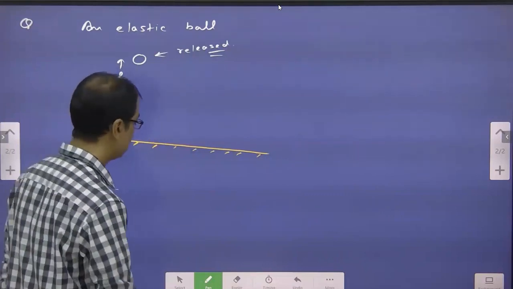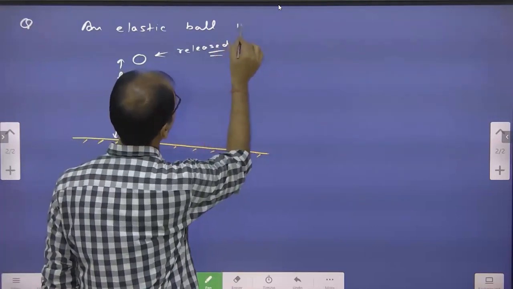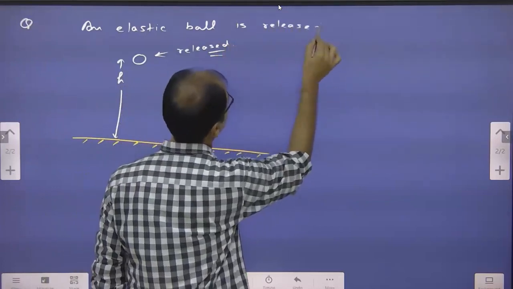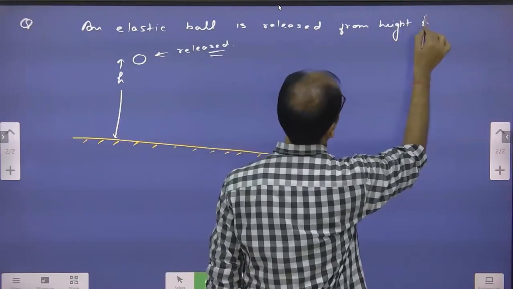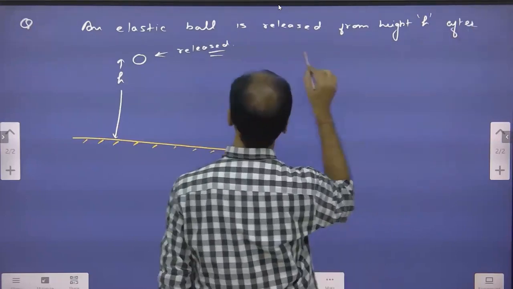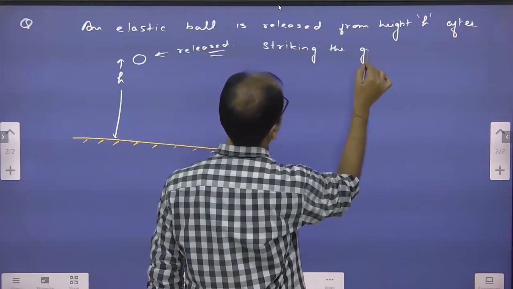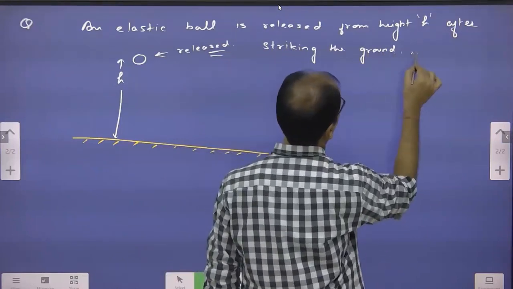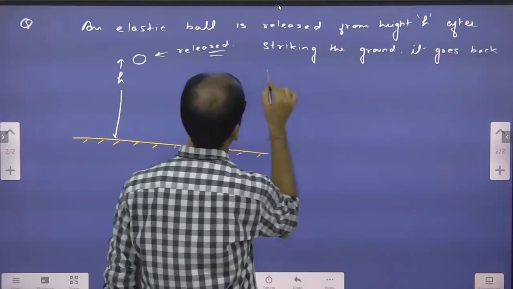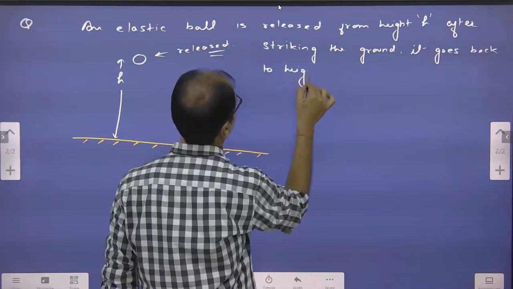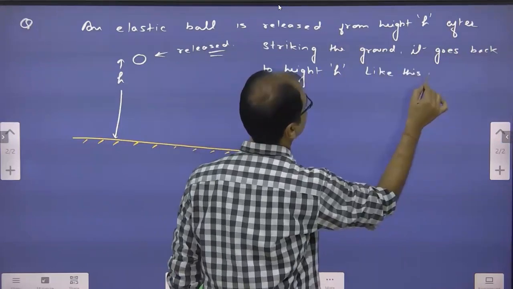So is it elastic motion or not? Or rather, SHM or not? An elastic ball is released from height h. After striking the ground, it again goes back to height h. Like this, it keeps bouncing.